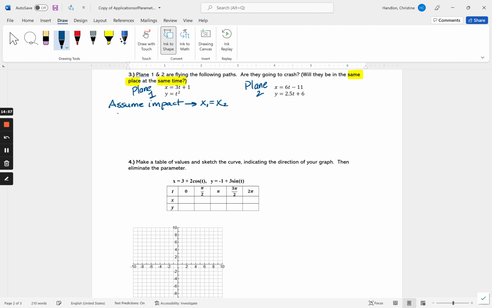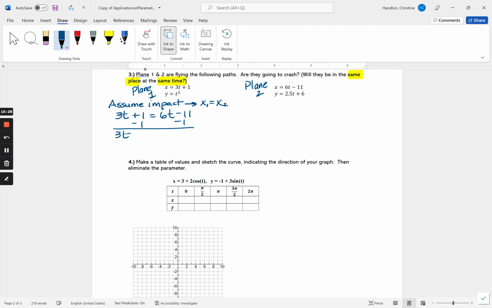So x of plane 1 is 3t plus 1, and x of plane 2 would be 6t minus 11. Impact means they're located in the same x location. We're going to solve for t here. There are many ways. You could subtract 1 on both sides, add 11 on both sides. It doesn't matter, but I'm going to solve for t by subtracting 1 first.